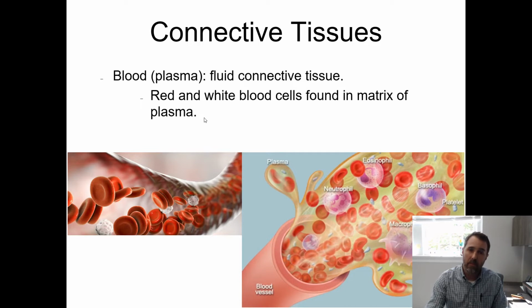Seconds, maybe a minute. Because, for instance, the blood transmits oxygen. So think of blood as being a liquid connective tissue. You have the red and white blood cells that are floating around in the matrix of plasma.